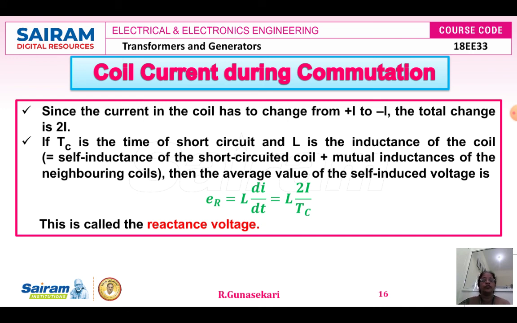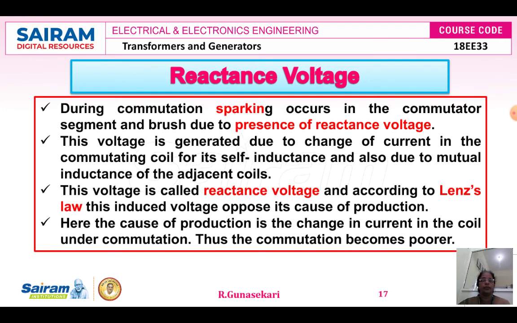So the average value of the self induced EMF in the armature coil of the DC generator is called the reactance voltage, denoted by ER, equal to L × di/Tc, where Tc is the commutation period.